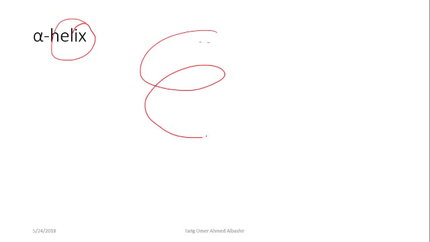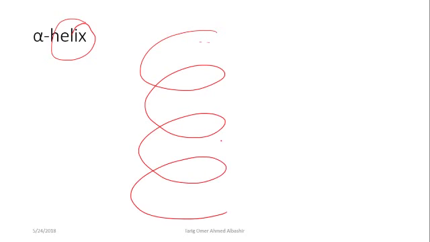The alpha helix: the name helix means we have a helical spatial arrangement. If this is our axis here, the polypeptide chain's amino acids are twisted around the axis, forming an alpha helix structure.